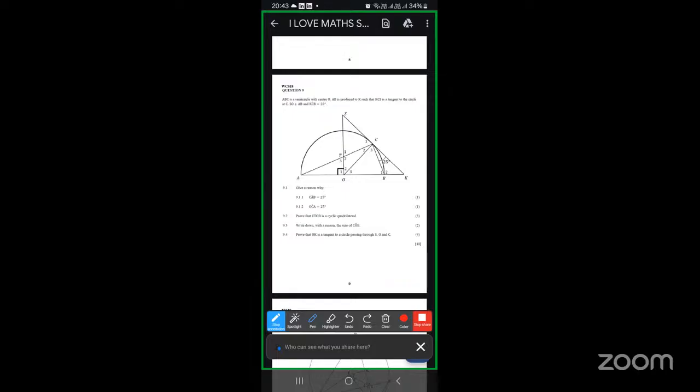Okay. Now I'm asking you this question. What are the properties of the cyclic quadrilateral? Sir, the opposite angles of a cyclic quadrilateral add up to 180. Yes, that's correct.